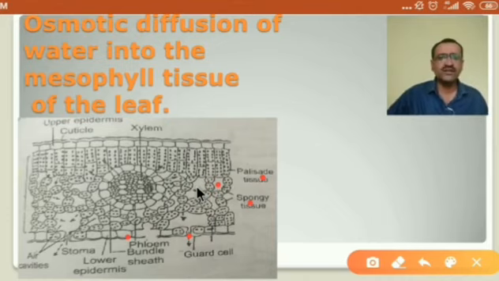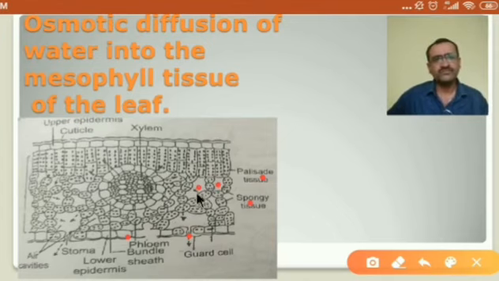Osmosis means the movement of molecules from higher concentration to lower concentration through a semi-permeable membrane. Each cell has a semi-permeable membrane, and due to the osmotic pressure, the vaporized water present in the cell comes through the semi-permeable membrane into this cavity.